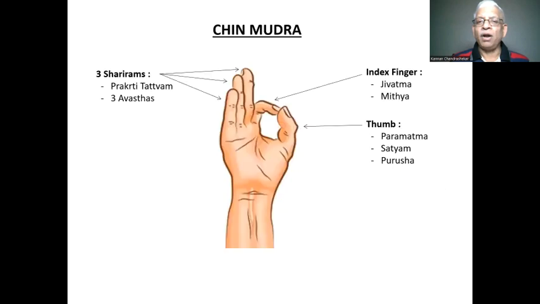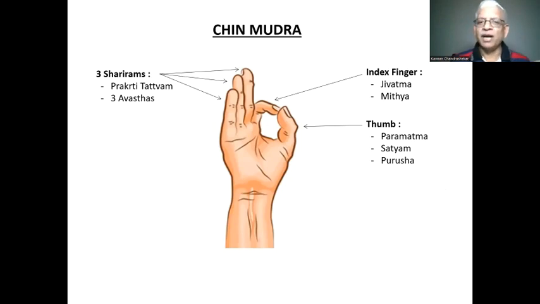By the knowledge that the three sharirams or the three avasthas are not me, the jiva joins Paramatma by the index finger touching the thumb.